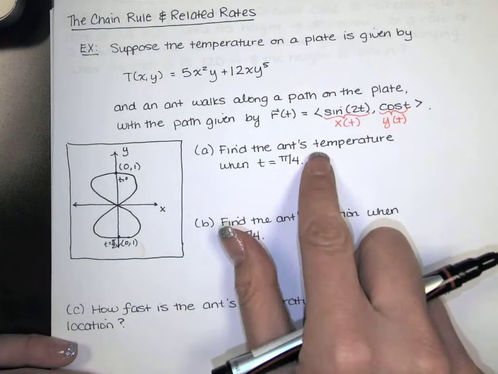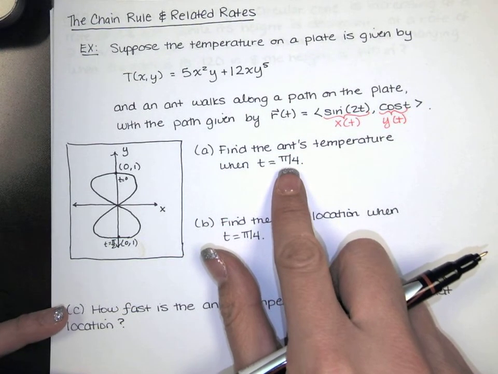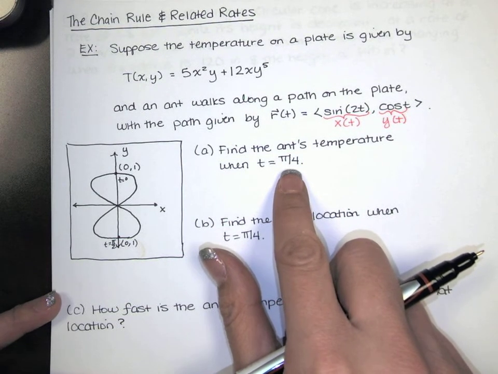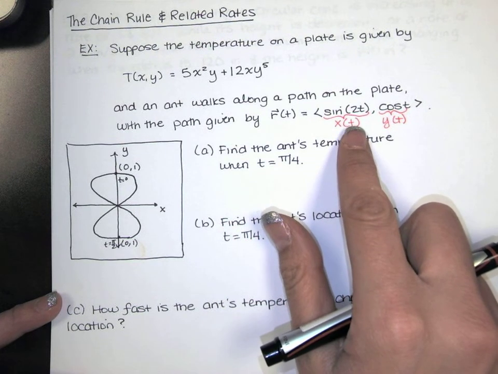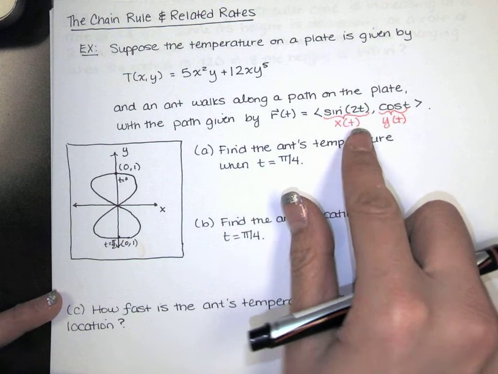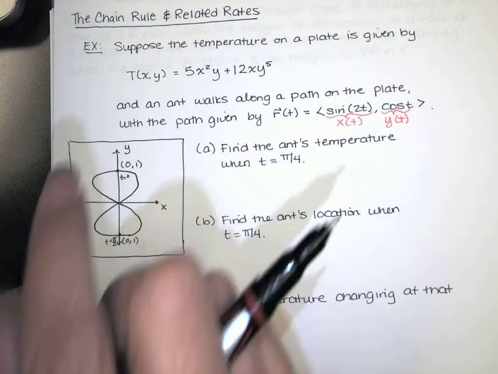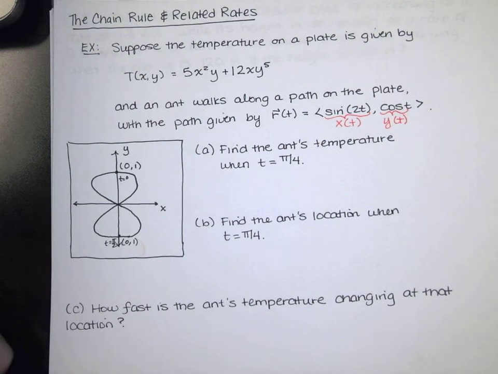So if I want the ant's temperature at this time, I can do two things. First, I'll find the ant's location using my vector valued function r of t, and then once I have that location, I can substitute into my temperature function. So it's just like regular composition of functions, pre-calculus style.